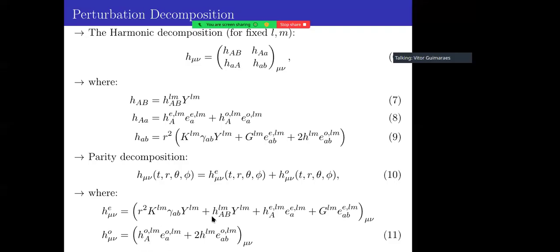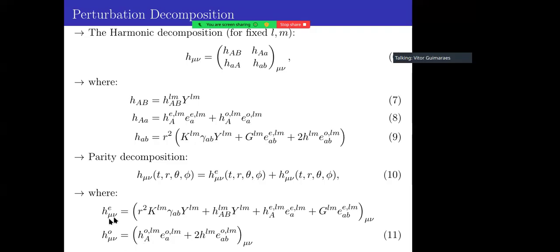And here what we have left is only this element and this element, which is the trace part. This would be the traceless part. So this goes to zero, this goes to zero, and this and this survive.